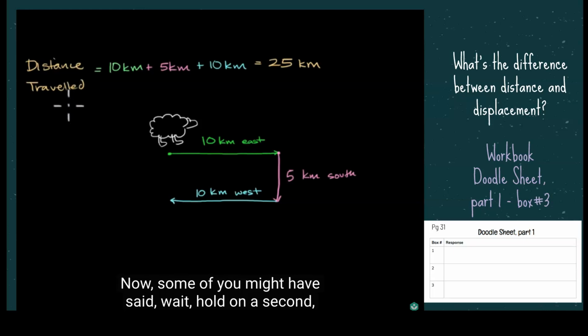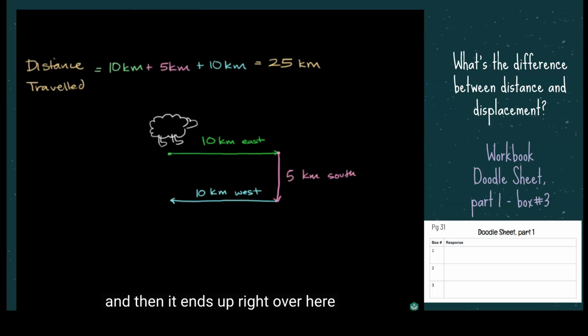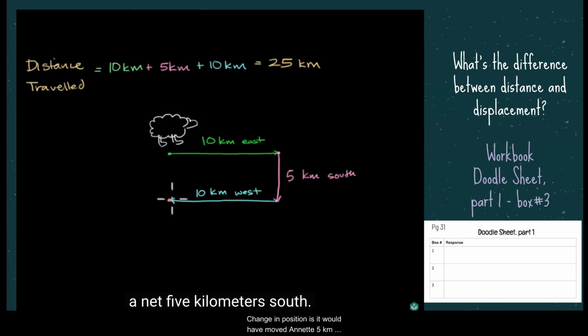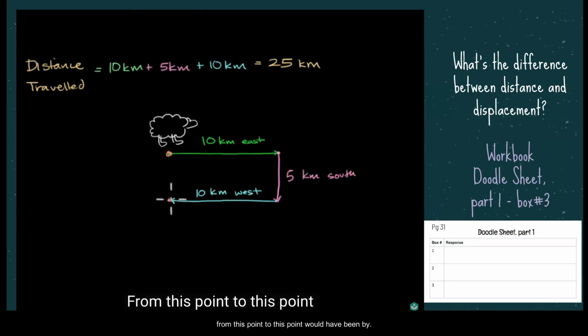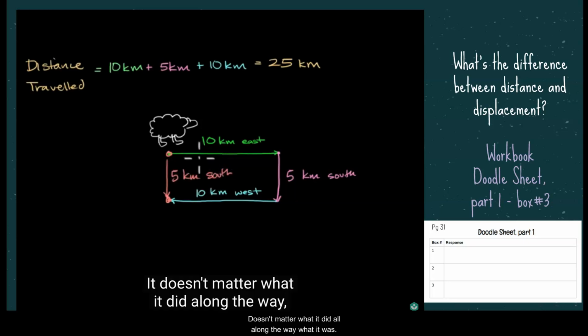Now some of you might have said, wait, hold on a second. The sheep was here before, and then it ends up right over here at the end of its journey. So its change in position is a net 5 kilometers south. From this point to this point would have been 5 kilometers south. It doesn't matter what its path was along the way.